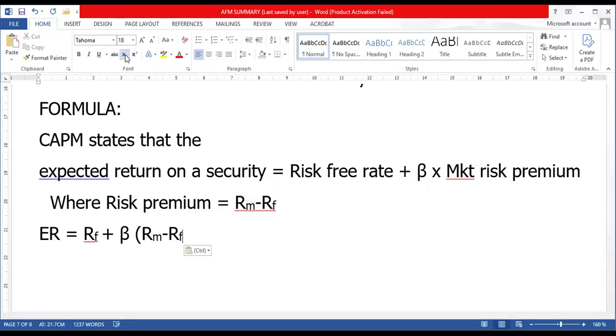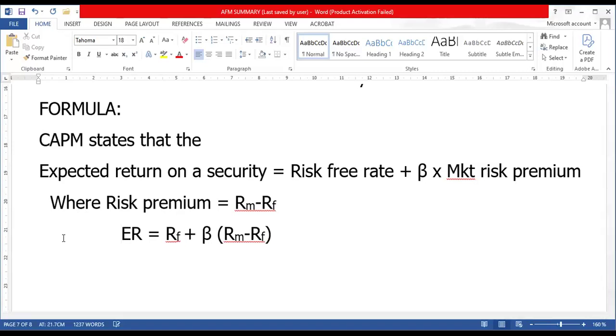That's how you get the expected return using CAPM.